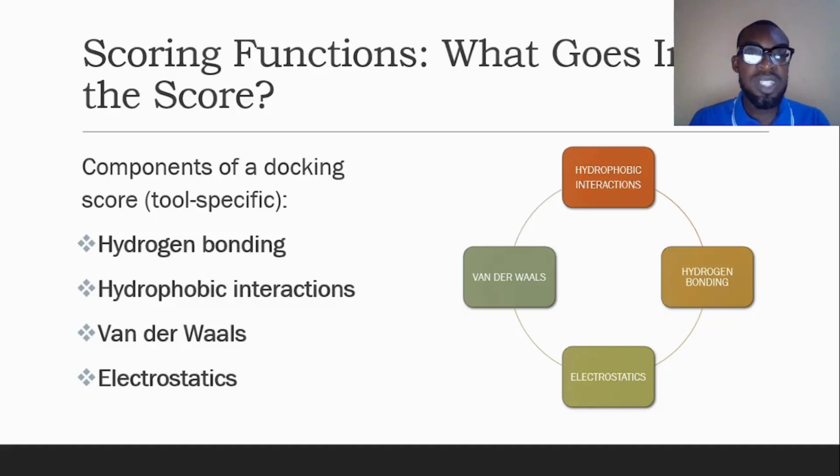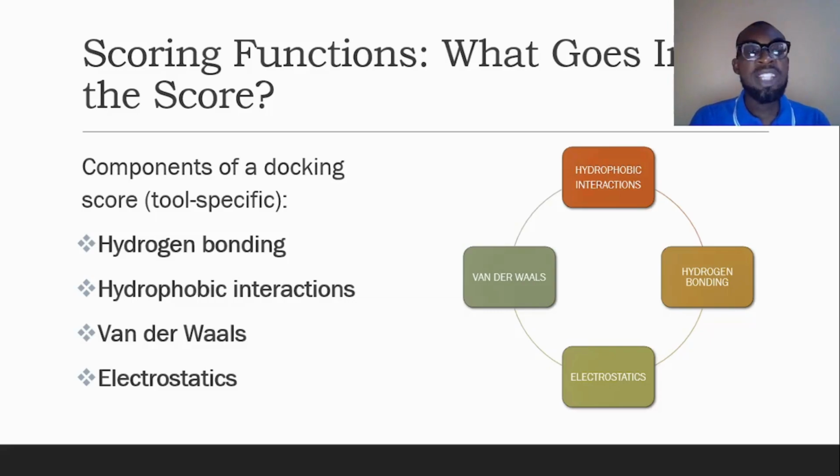Some of those interactions are hydrogen bonding, hydrophobic interactions like pi-pi interactions, pi-stacking interactions, and van der Waals interactions, which are weak interactions between atoms of your macromolecule and that of your ligand.